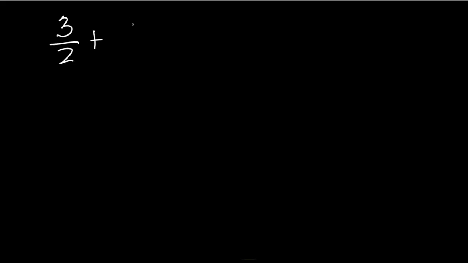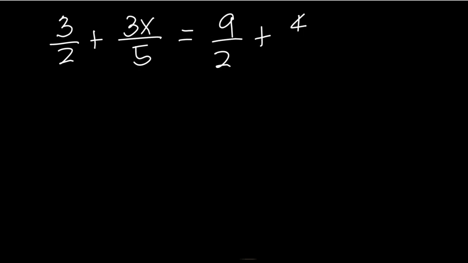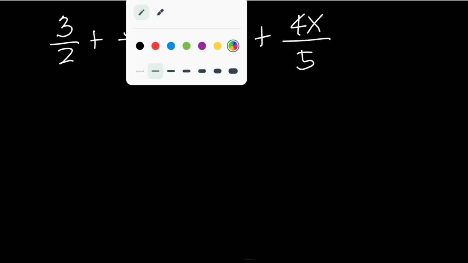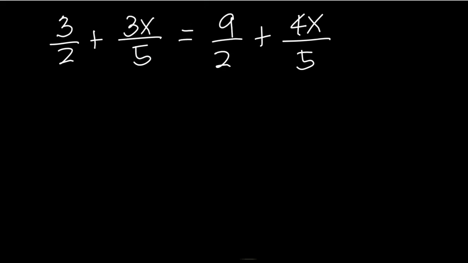3 halves plus 3x over 5 equals 9 over 2 plus 4x over 5. So what's the LCM here? 2, but you have 5. Yeah, what's the LCM of 5 and 2?